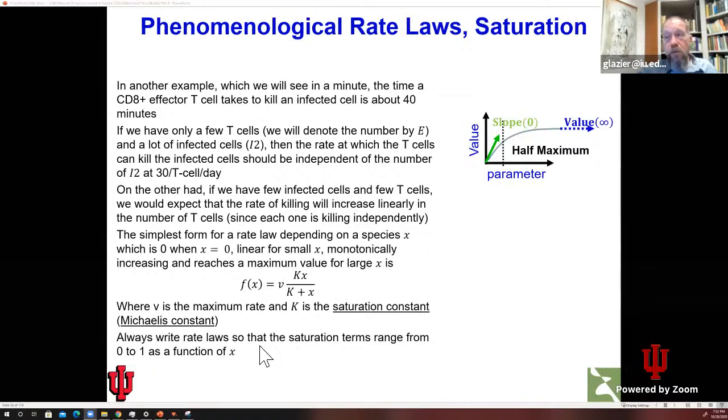I recommend that you write rate laws so that these saturation terms go between 0 and 1 as a function of x. That would mean dividing through by k.